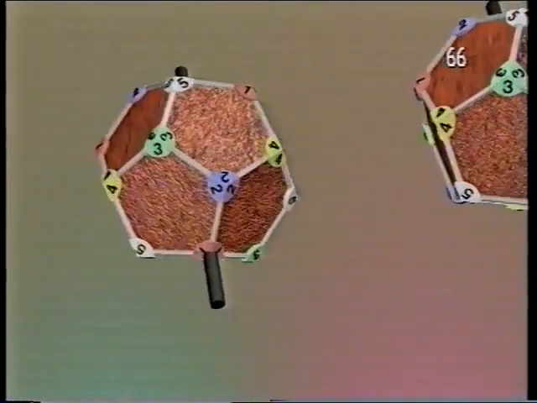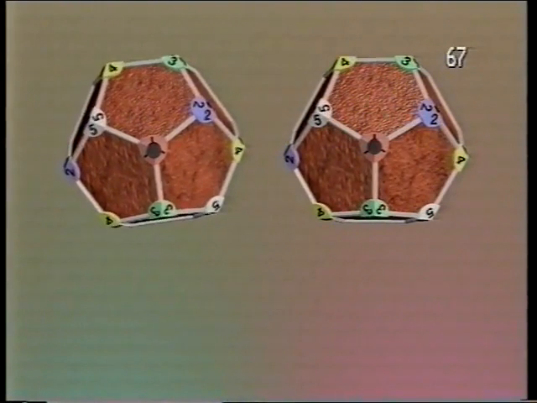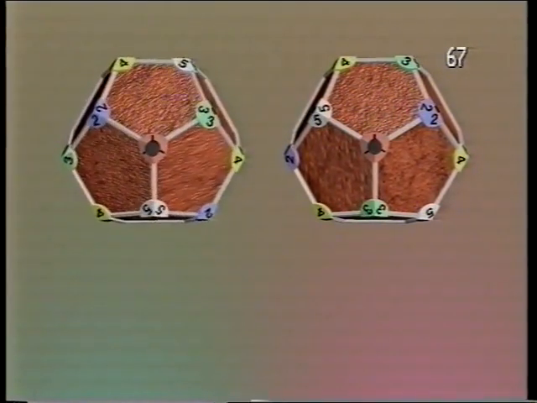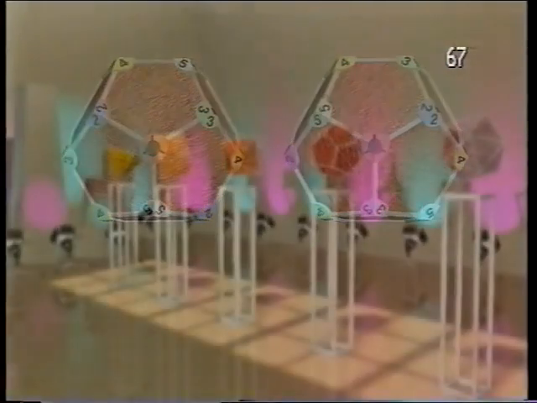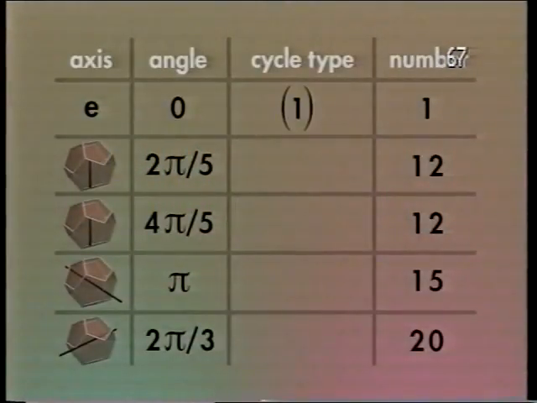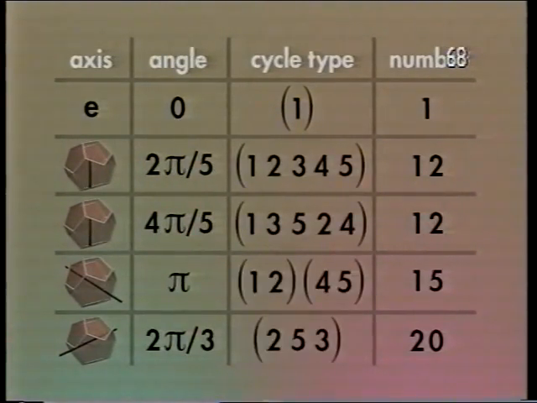Lastly, there are the axes passing through a pair of opposite vertices. The angle of rotation is 2 pi by 3. Stop the tape and work out what the permutation is. You should have found that you get the permutation 2, 5, 3.